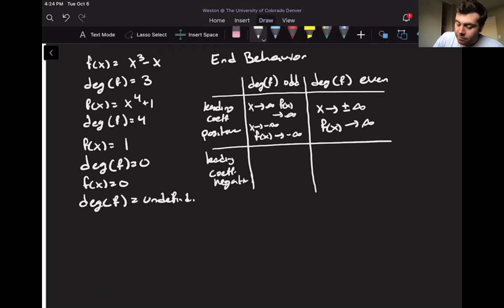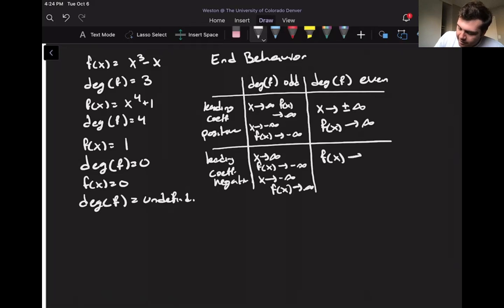When the leading coefficient is negative, so meaning we have something like negative 2x to the fifth, then the rules are just swapped. So as x goes to infinity, the function goes to negative infinity. As x goes to negative infinity, the function goes to positive infinity.